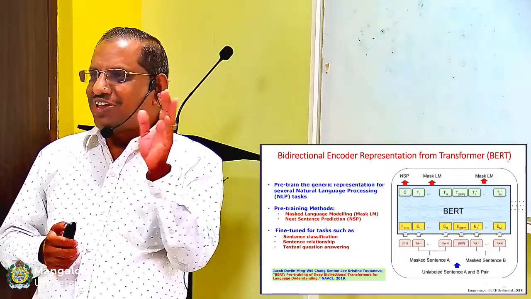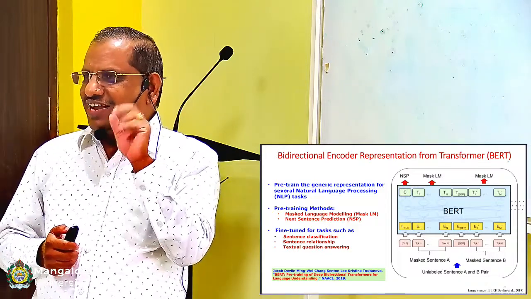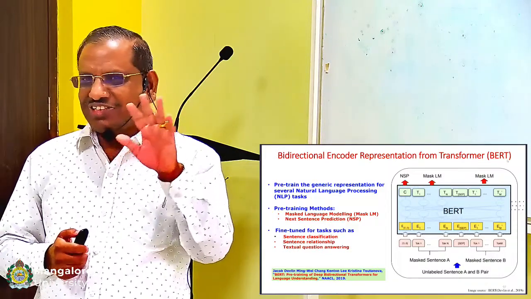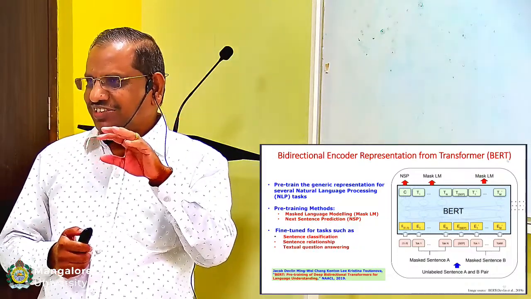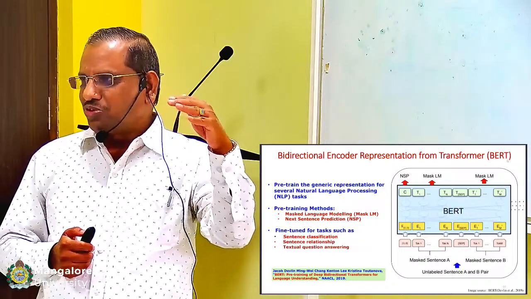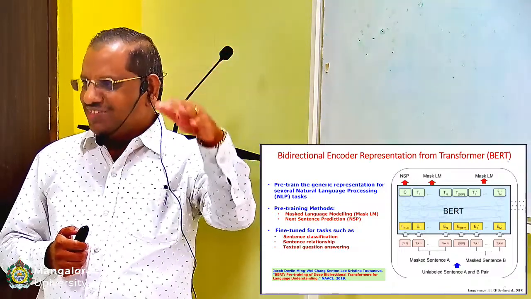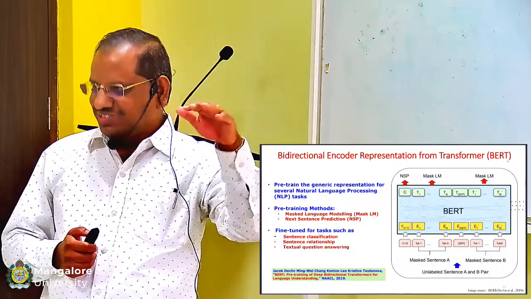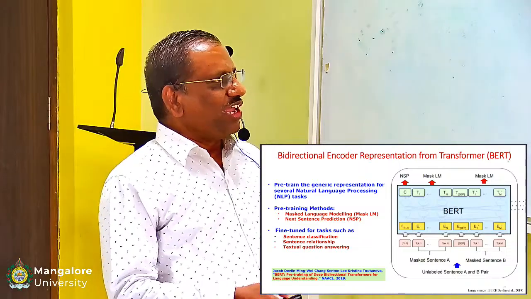So this doesn't require any desired output for the sentence. It only takes the sentence, selectively masks a few words in it, and this masked sentence goes as input to the model, but at the output of the model, I try to predict all the words in the given sentence. This is what is called masked language modeling.